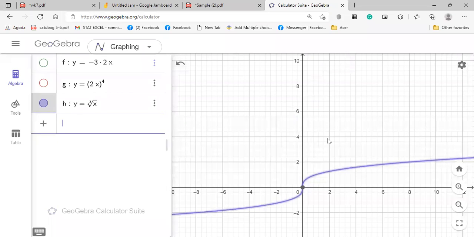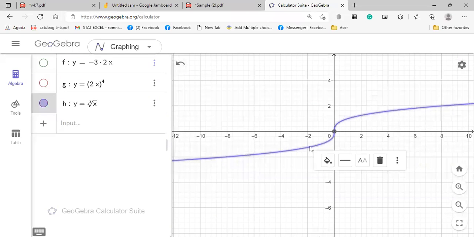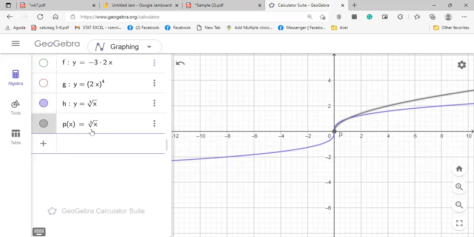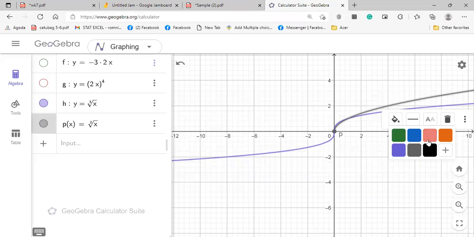Y is equal to cube root of x. O yan siya. Itong graph na ito, pinapatunayan niya na kahit i-decrease mo yung values ng x infinitely, i-compare natin silang dalawa kay square root. Square root of x versus cube root of x. Even versus odd. I'll change the color of even.